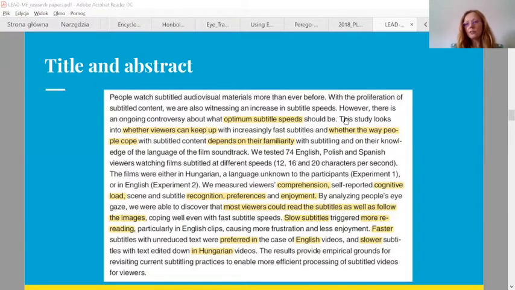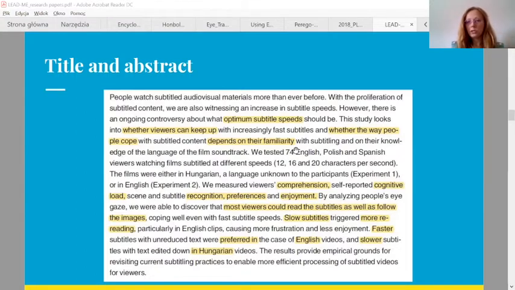And then the authors go on to actually tell me what the study looks into, right? So it looks into whether viewers can keep up with the subtitles, and whether the way they cope with subtitles depends on their familiarity with subtitling, right?